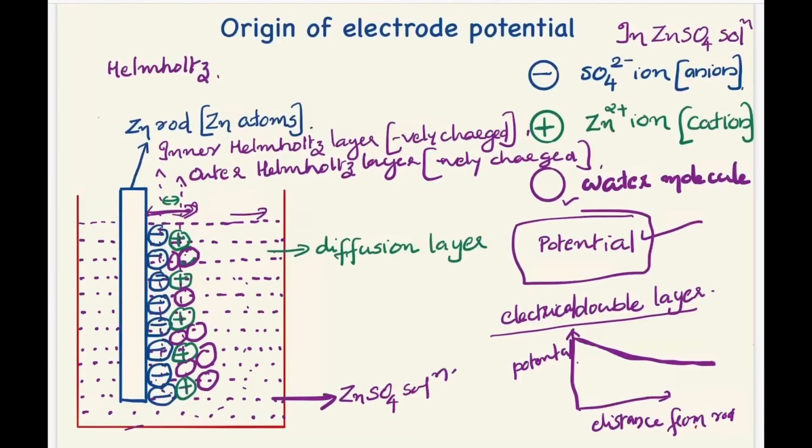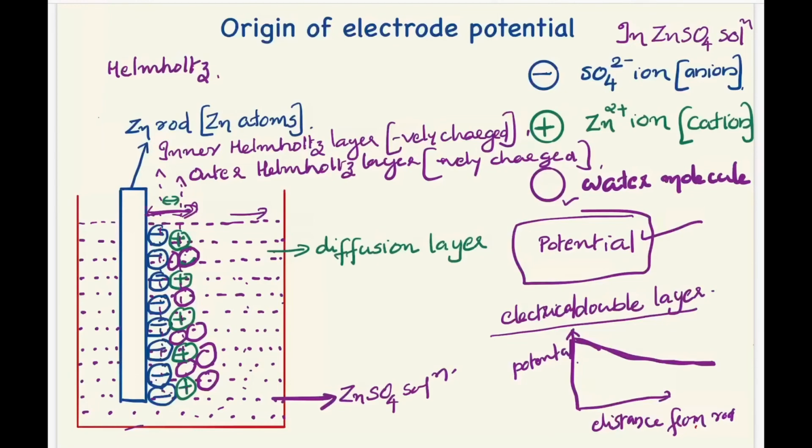From here to here, the decrease will be a linear decrease. From here to the inner edge of the zinc sulfate container, the decrease will be exponential. That is the only difference in the decrease. Actually, it will decrease from the rod to the inner edge of the zinc sulfate solution. From here to here, the decrease will be linear. After that, the decrease will be exponential.